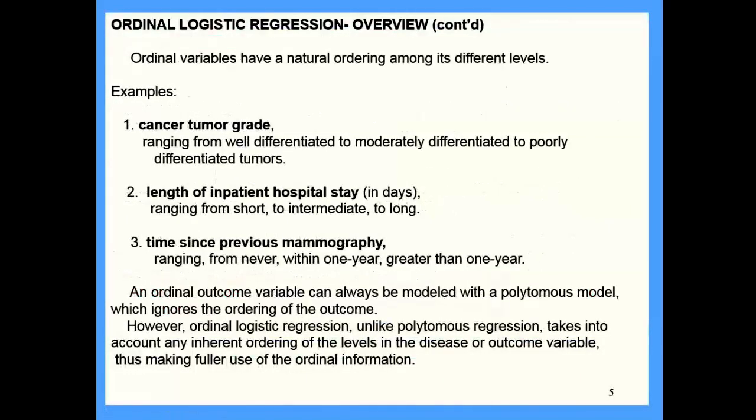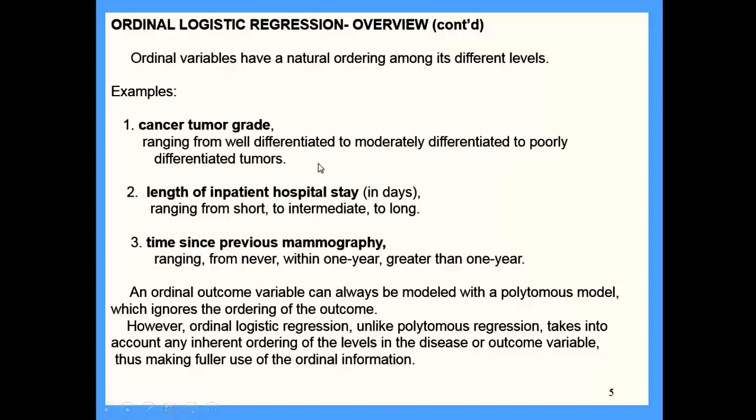Anyhow, now let me say a little bit more about the ordinal regression model. When we talk about an ordinal variable, again, it has a natural ordering. Here are some examples of an outcome that's ordinal. Cancer tumor grade, ranging from well-differentiated to moderately differentiated to poorly differentiated tumors.